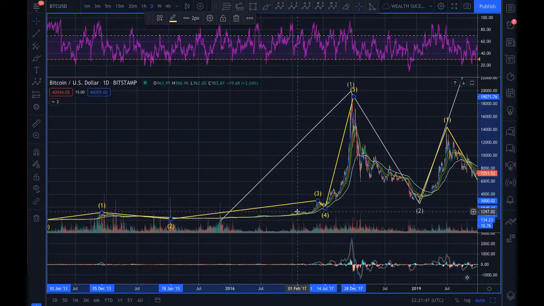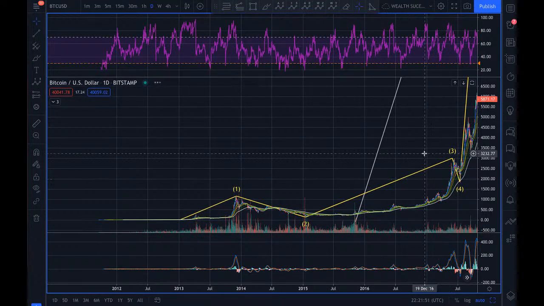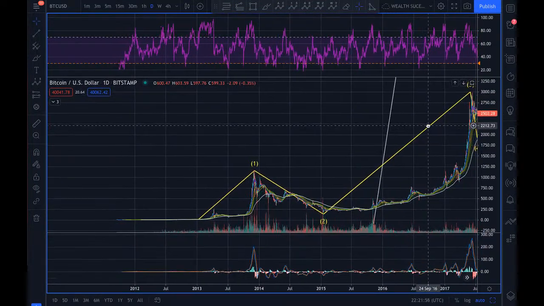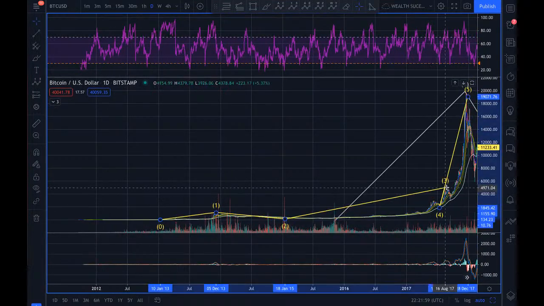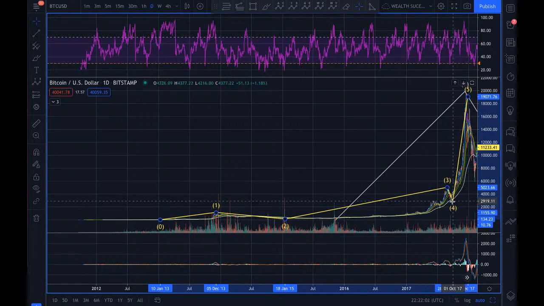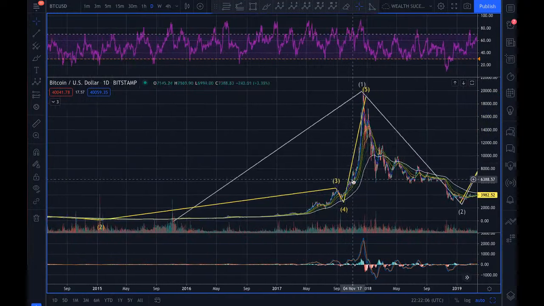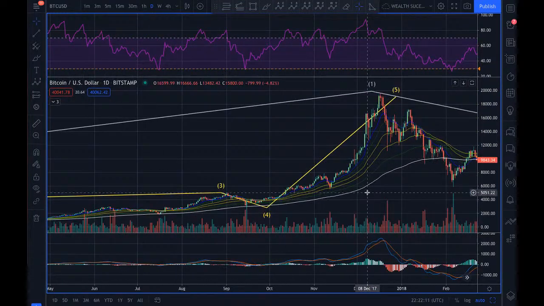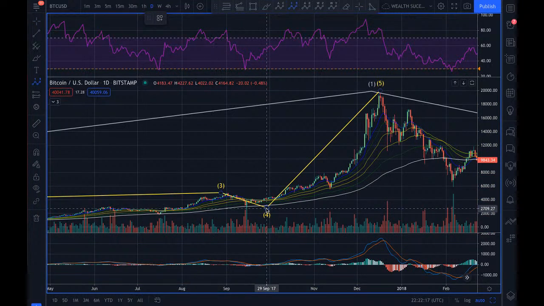Can this be right? Is wave 3, is that an extended fifth wave? Let's see. That looks like it. If this was the fifth wave, then wow, that was an extended wave.